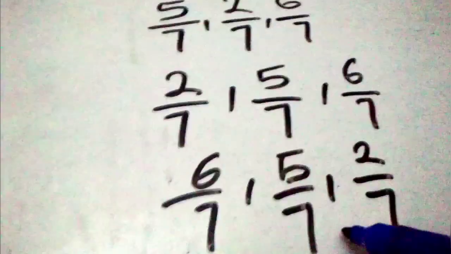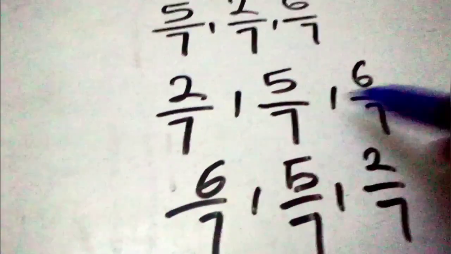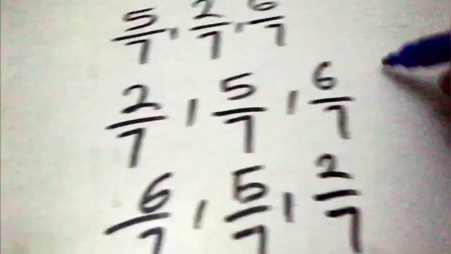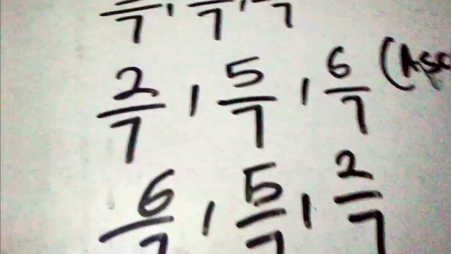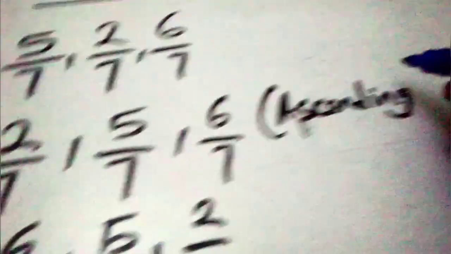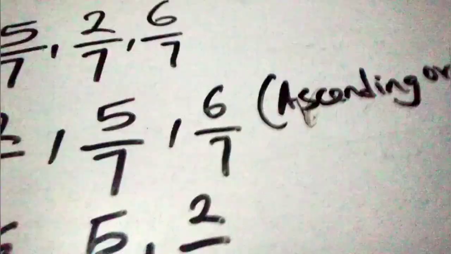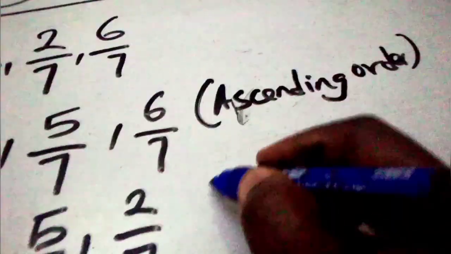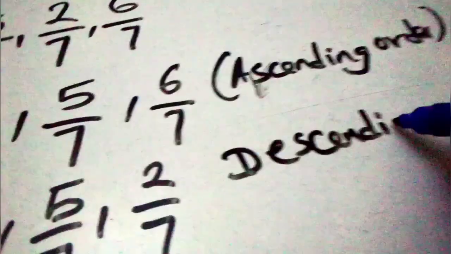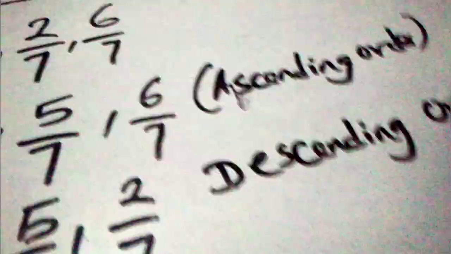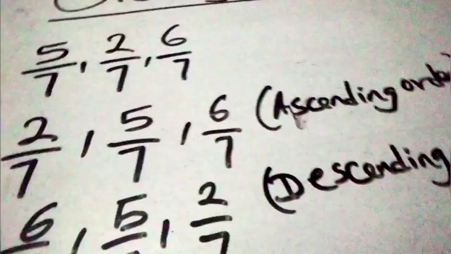This is descending order, while the earlier one is ascending order.